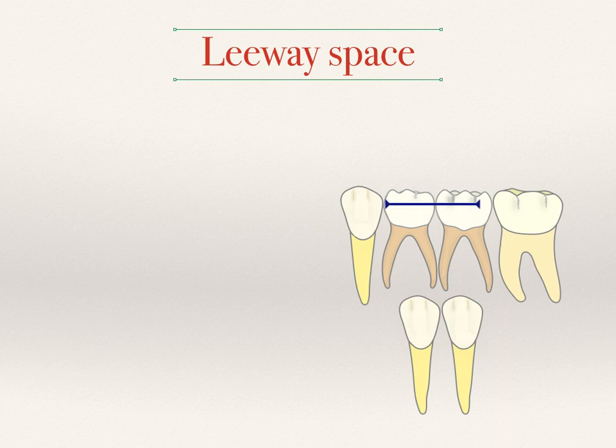The sum of mesiodistal widths of the first and second deciduous molars is larger than the mesiodistal widths of the premolars by about 2.5 millimeters.